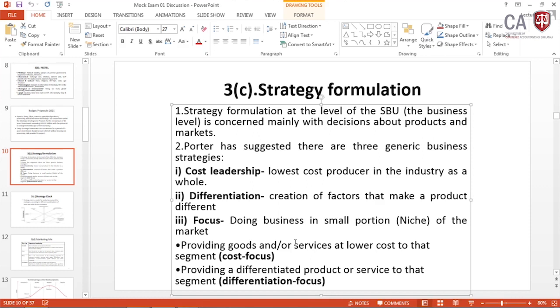If you look at the broad market here, what is the broad market? The milk powder industry is the broad market. So, here we are trying to cover one portion of that, that is malted products. Therefore, I feel it is more relevant to apply the differentiation focus strategy.